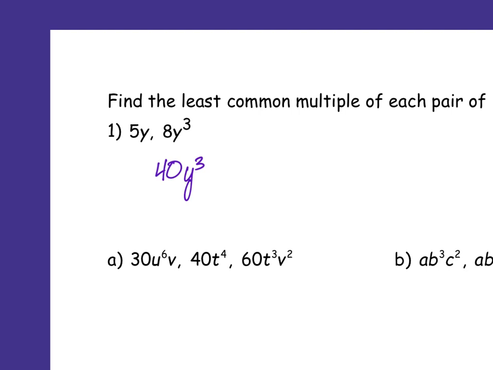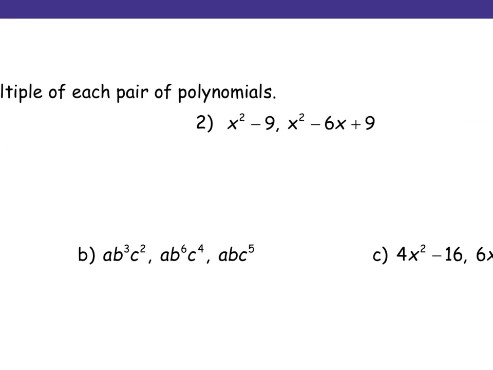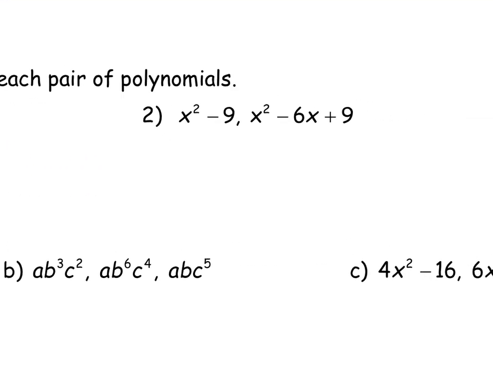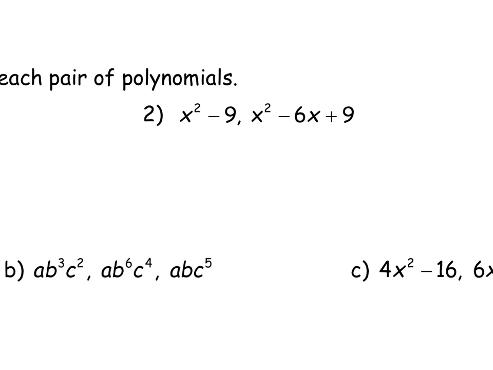Okay. So the next one's a little harder because it's got some squares in there, right? So again, I'm going to factor it first. So this would be x minus 3 and x plus 3. Okay, and then the second one would be x minus 3 and x minus 3.